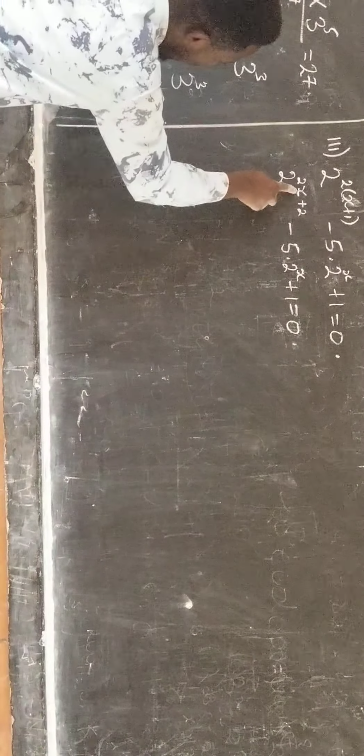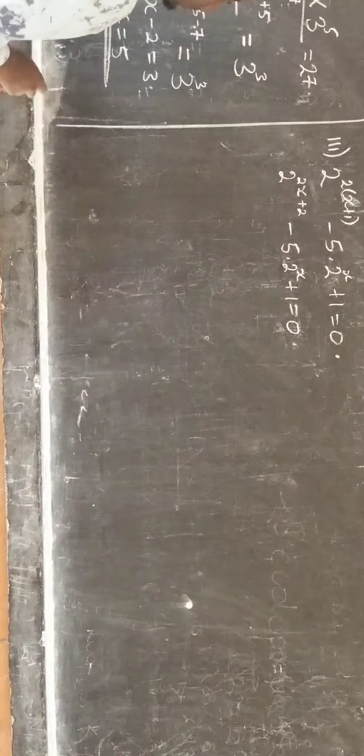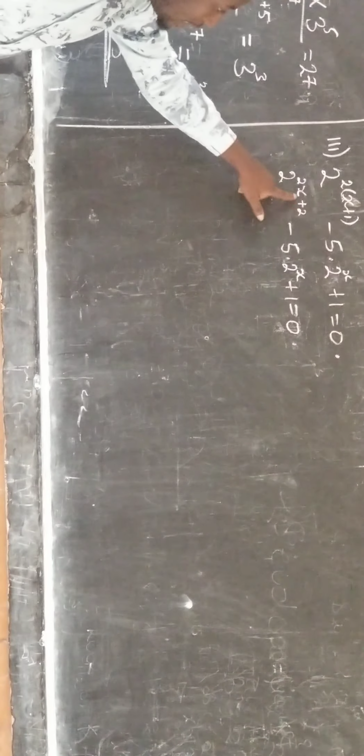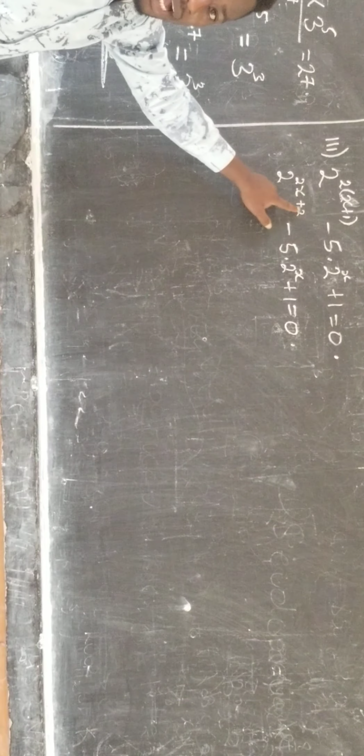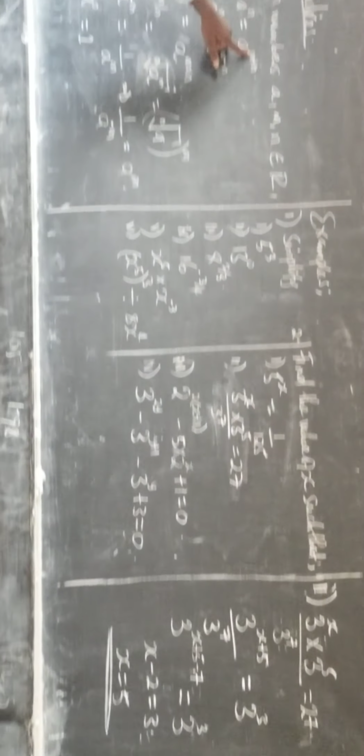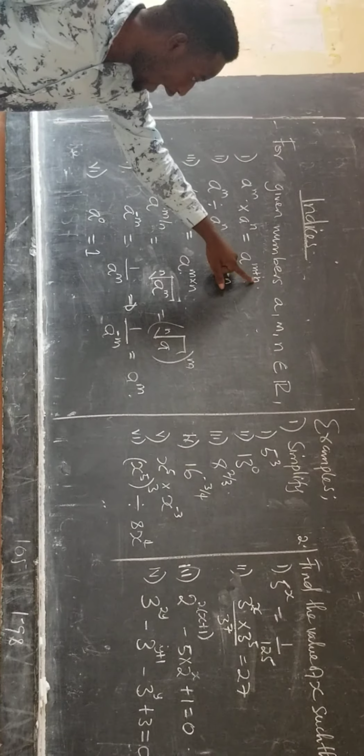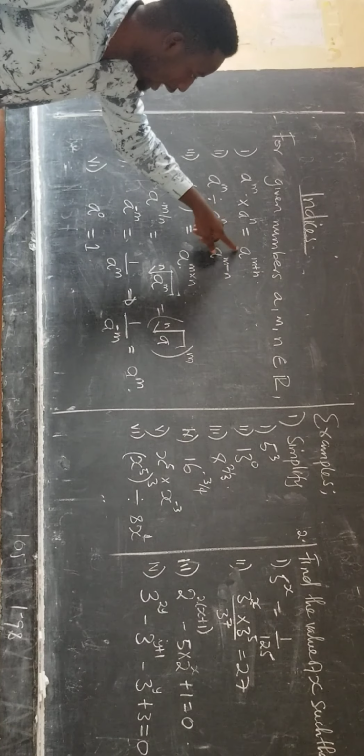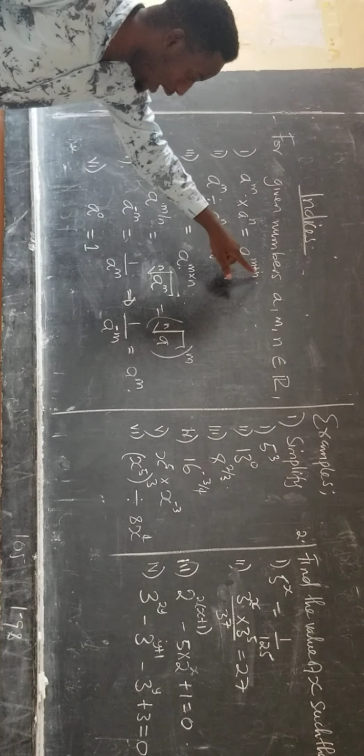Now applying the first law of indices, if I am adding powers, I am going to multiply the bases. If you have a power m plus n, I can split this and it becomes a power m times a power n.